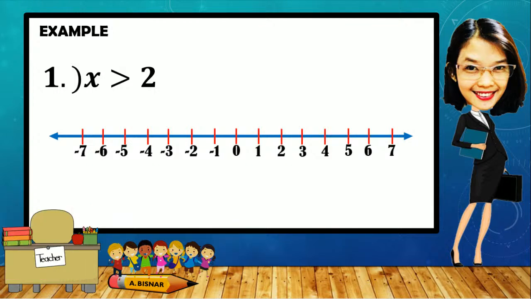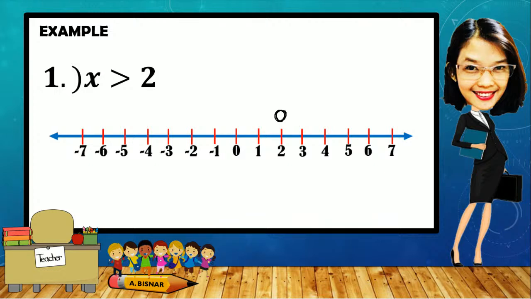So, again, we will use circle with no shade. After having circle with no shade, we have to identify those numbers that are greater than 2. Ano-ano yun? 3, 4, 5, 6, 7, and so on, hanggang sa positive infinity.